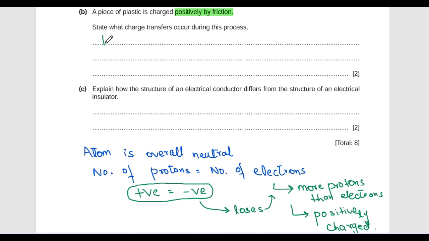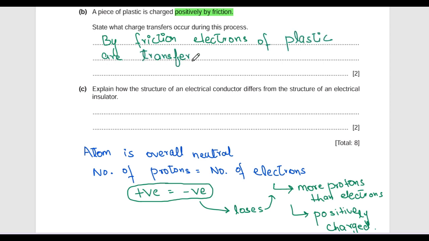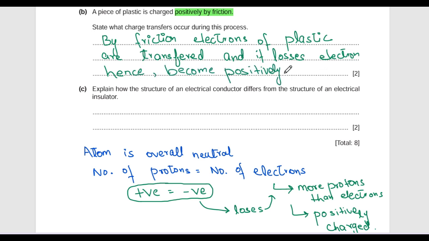So the answer to this question is: by friction, the electrons of the plastic are transferred and it loses electrons, hence becomes positive or positively charged.